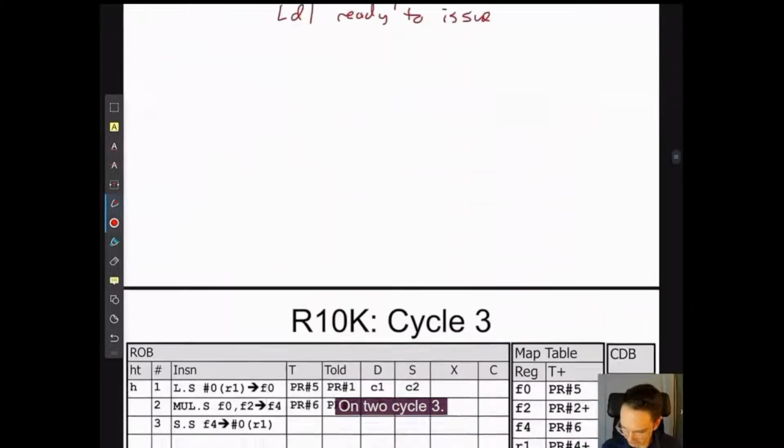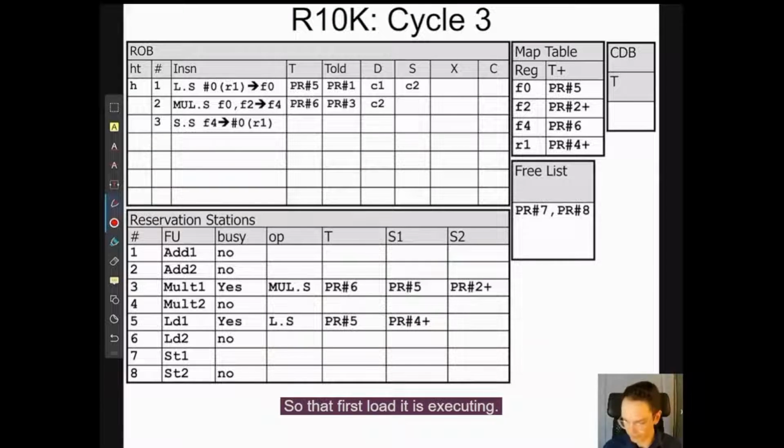On to cycle 3. So that first load, it is executing. Unlike in the Tomasulo examples from last module, where I showed when an instruction finished the execute stage, as we fill out this pipeline diagram, I'll mark the begin and end cycles in the execute stage. No instruction can currently issue, and so looking to dispatch, we have an instruction to pop from the instruction fetch queue, this store.